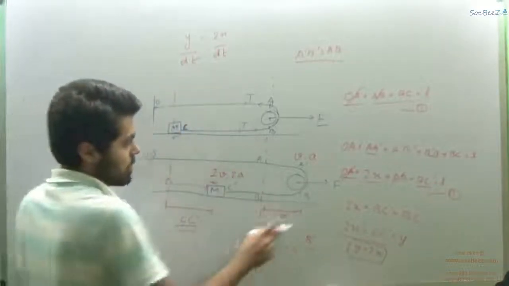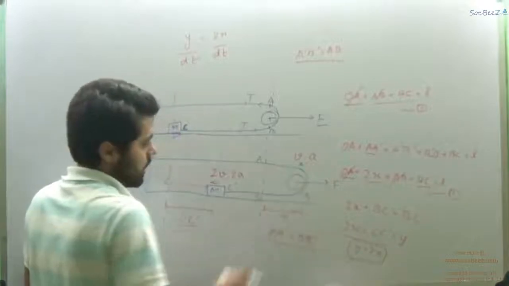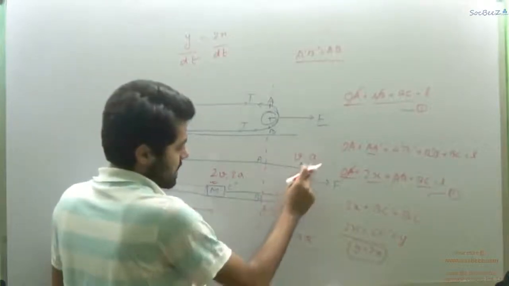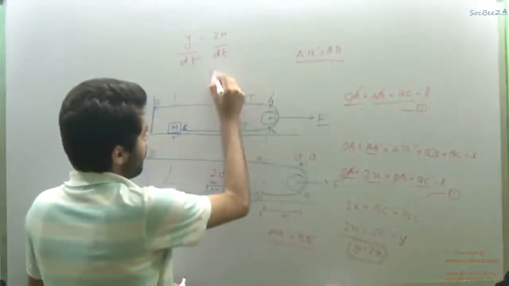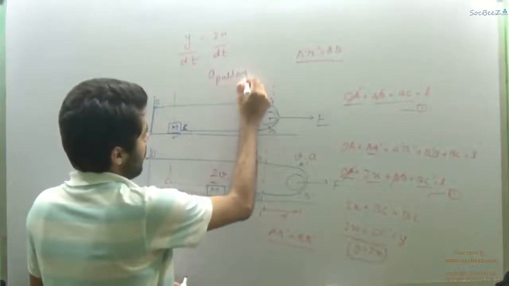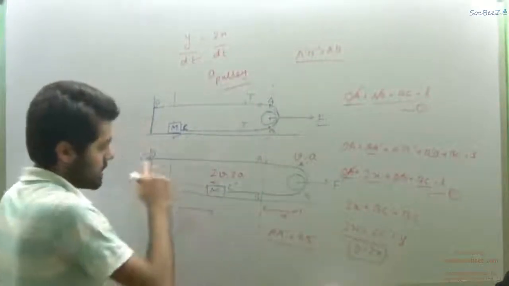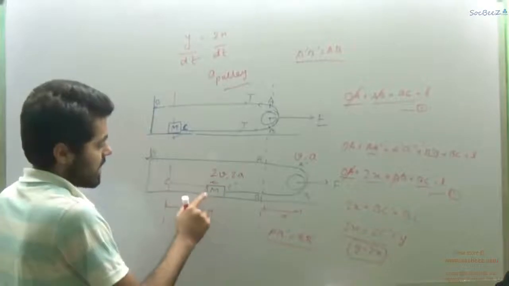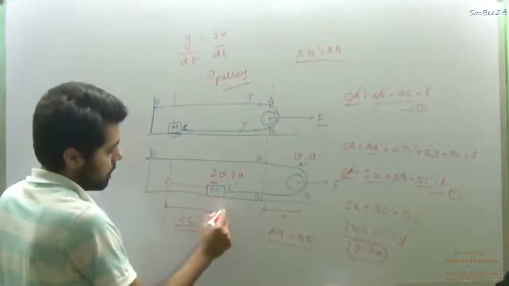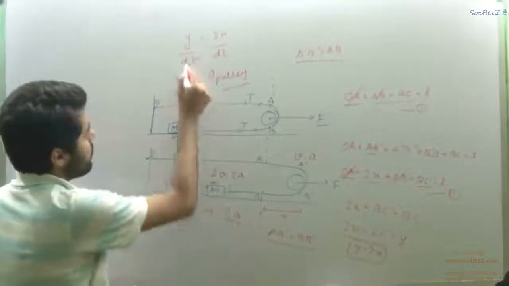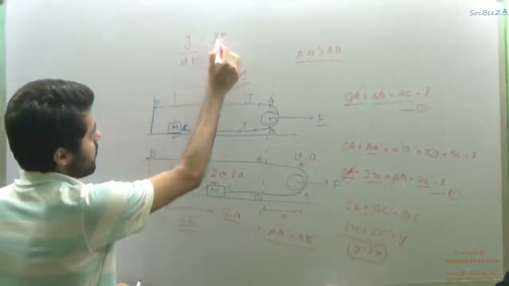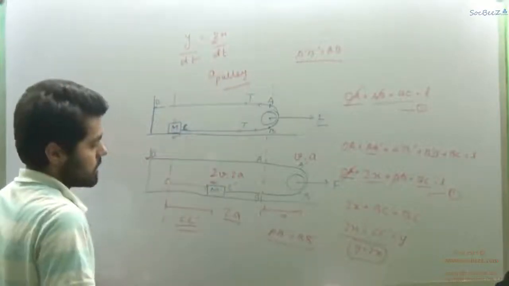So if a force F is applied on a pulley such that it produces an acceleration a of the pulley, then in this particular situation the acceleration of the block M will be 2a, because if we differentiate it, this factor 2 remains always.